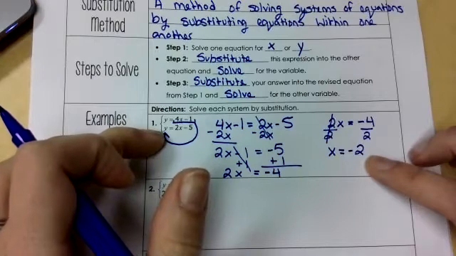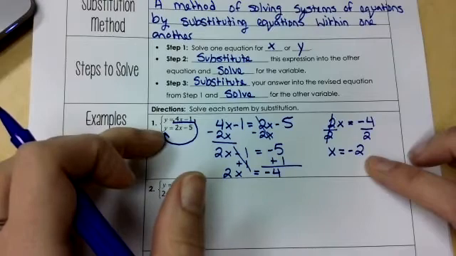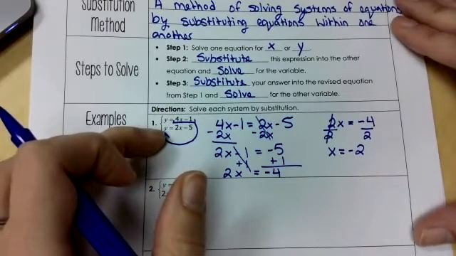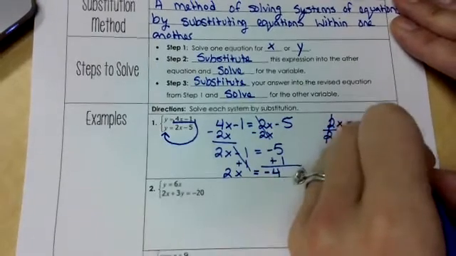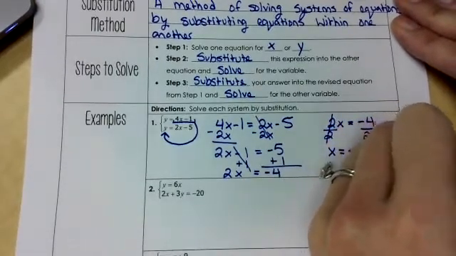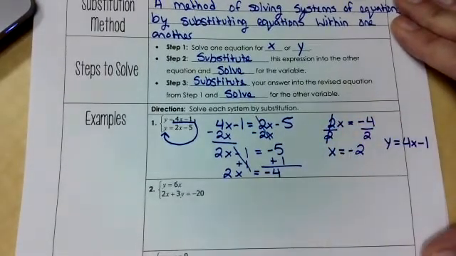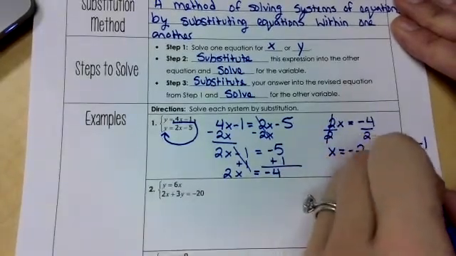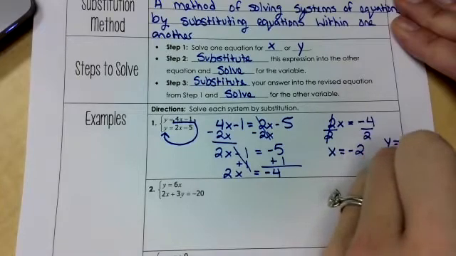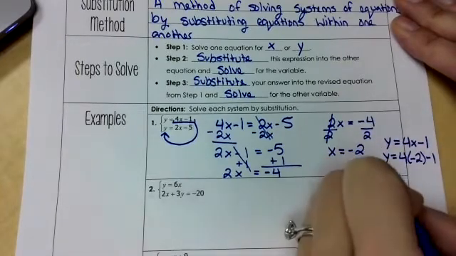So I want to look for whatever equation is easier to substitute it into. So let's pick this first one here. So y equals 4x minus 1. I'm going to substitute -2 in for x. Y equals 4 times -2 minus 1.